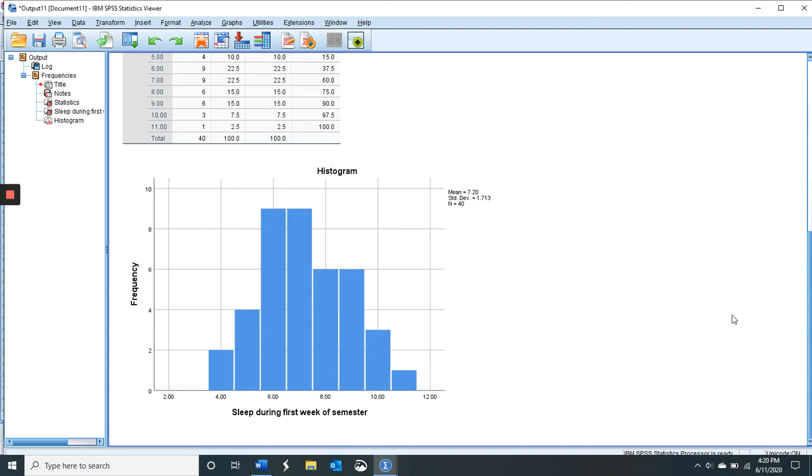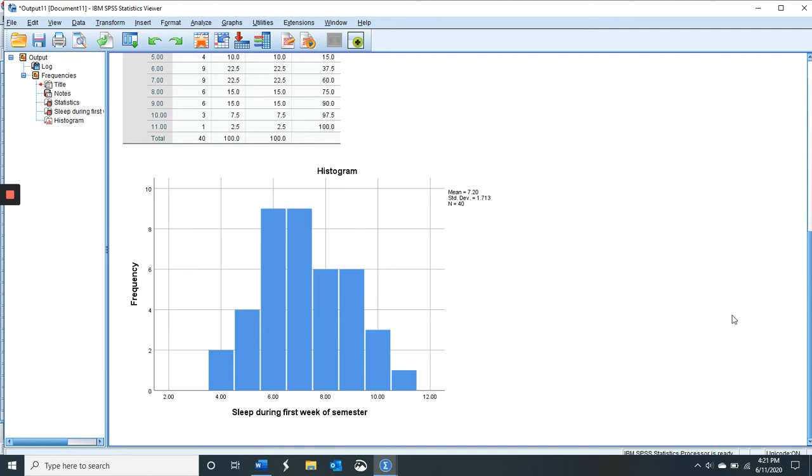If it were skewed, I would want to choose the median as the central tendency because the mean is overly influenced by extreme scores. So for a skewed distribution, you want the median. For a skewed distribution, you probably want to use the IQR as your measure of variability because the standard deviation is an average, and if you have extreme scores, it's going to make the standard deviation look bigger because there's a few people who are far away from the mean.